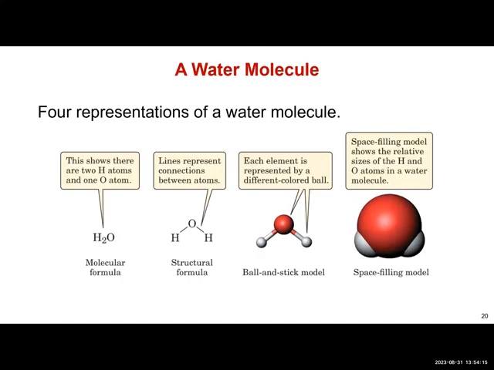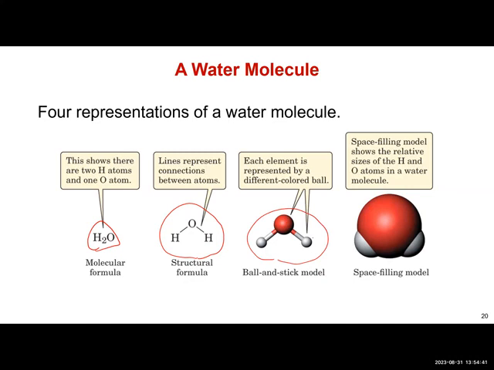So we talk about atomic symbols. We use atomic symbols to write the molecular formula. It shows the ratio of atoms. Sometimes we show a structural formula where the bonds are shown. The structural formula is shown in ball and stick models, which is close to reality.